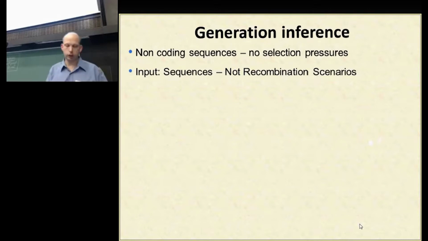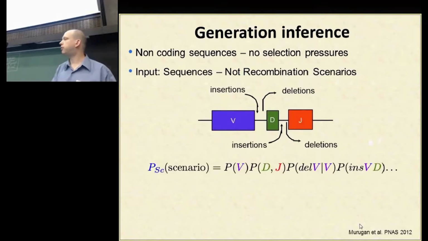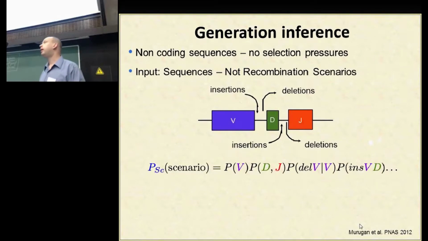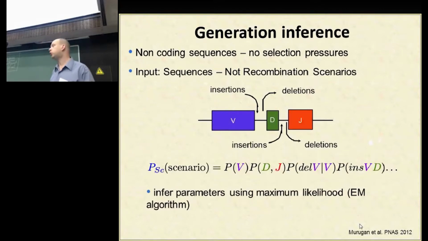So what we actually do is assume some probabilistic model, with some factorization into probabilities, and we can learn these probabilities, the probability of having a certain V, the probability of having a certain number of deletions given the V and everything else, using maximum likelihood.